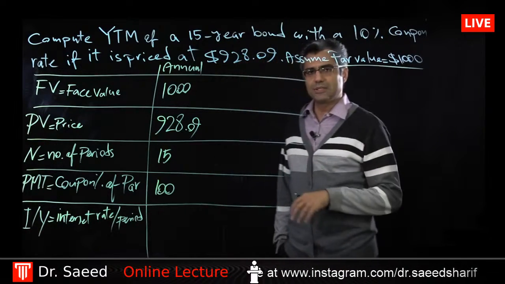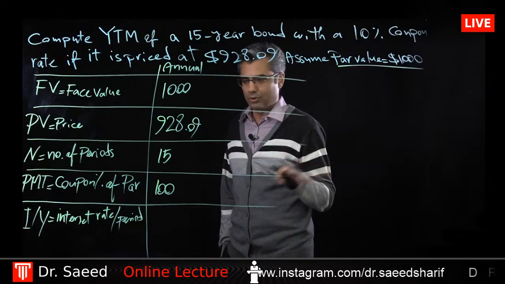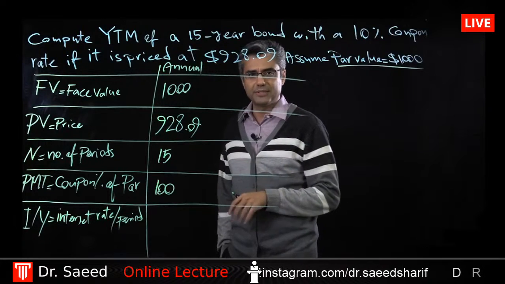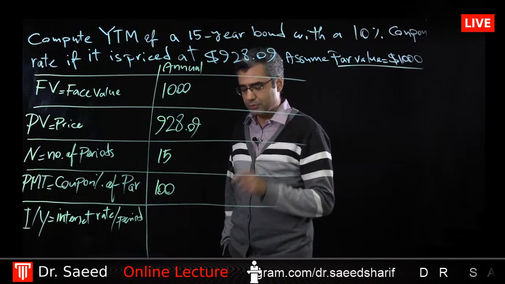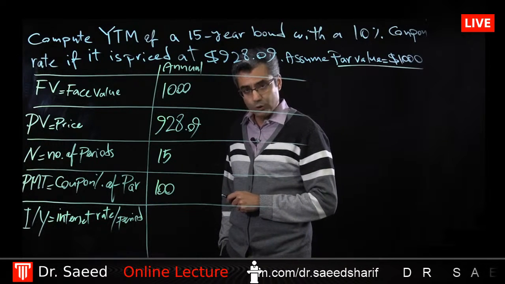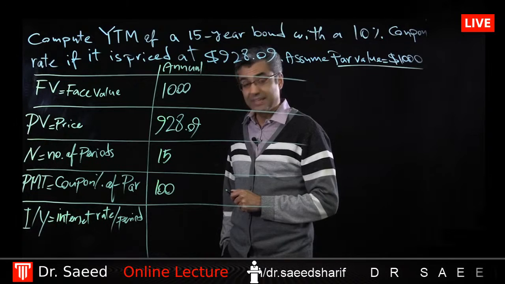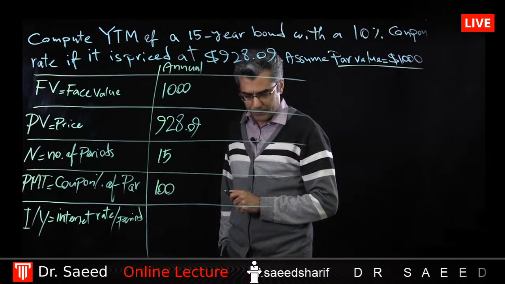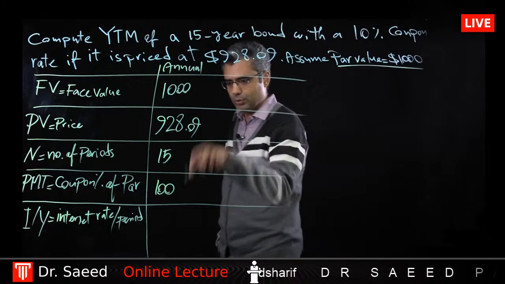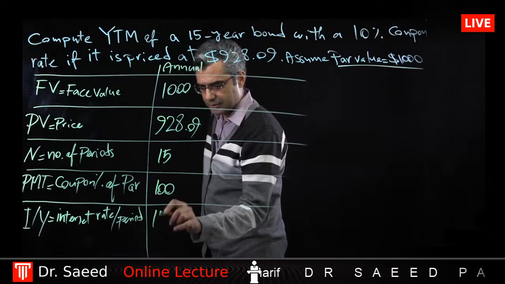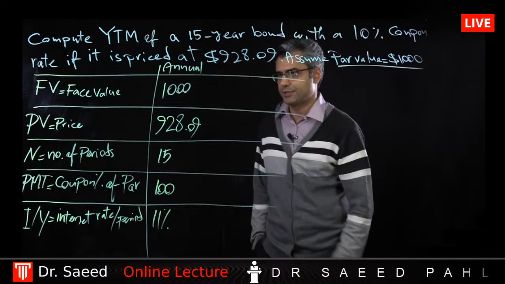But it's a bit tricky. Please watch the video on how to compute the interest rate, the yield to maturity, for bonds, and you will see the thing you need to pay attention to. But anyway, if you use the financial calculator properly, you will get 11%. So I just write the answer here.